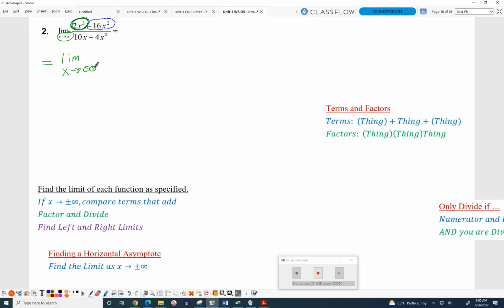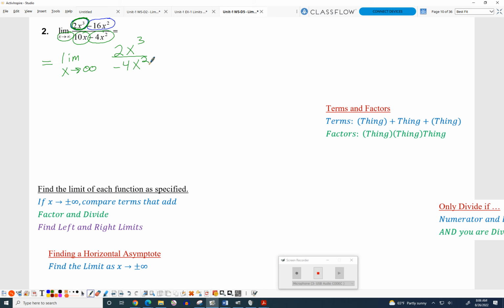Now we create an equivalent limit problem that is a lot simpler to look at. On the bottom, when we compare, we find that the negative 4x squared is dominant. Questions about anything? Please, Blake.